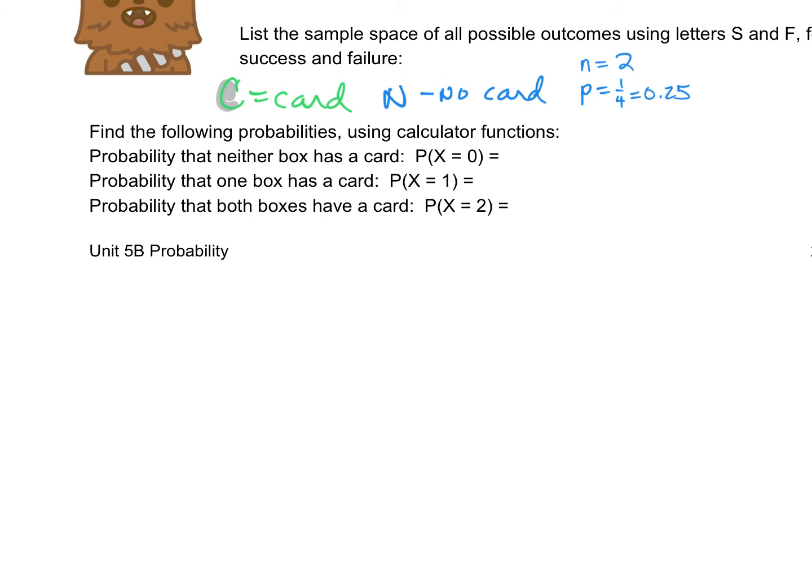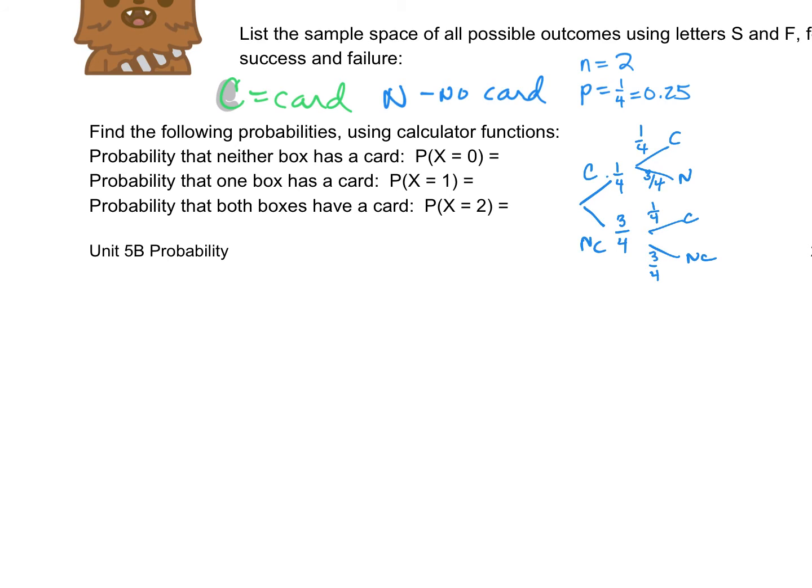You don't have to use binomial CDF and binomial PDF, but if you like a factor tree, first box we can have card or no card. This is going to be 1/4, 3/4. Second box would be card or no card, still 1/4 and 3/4.